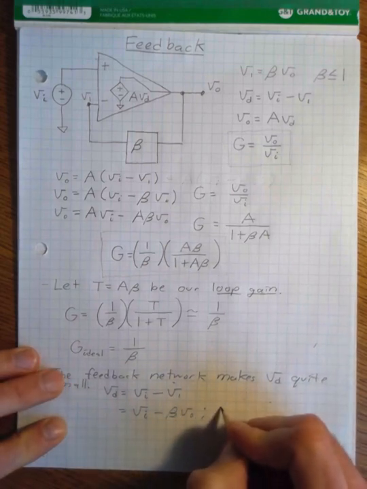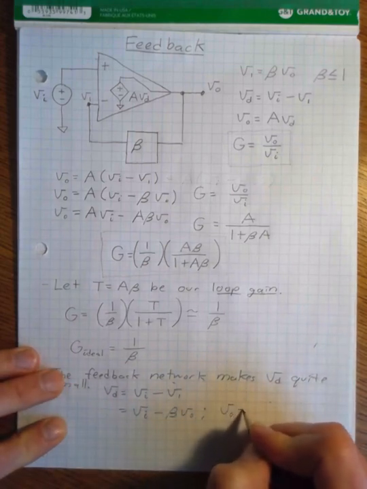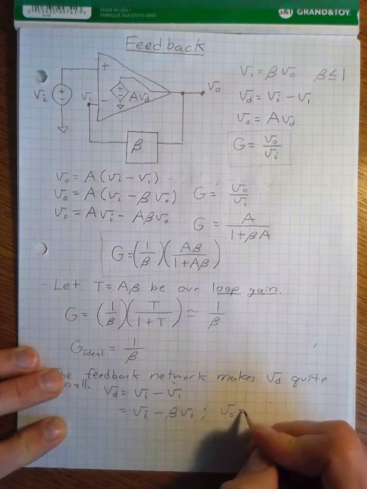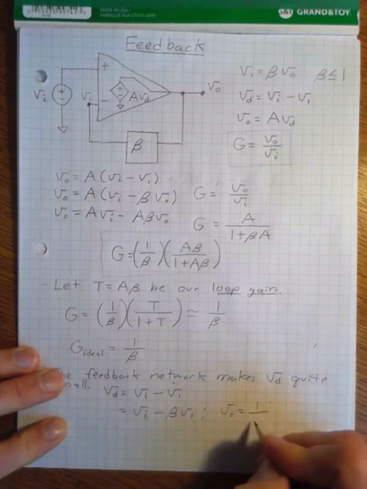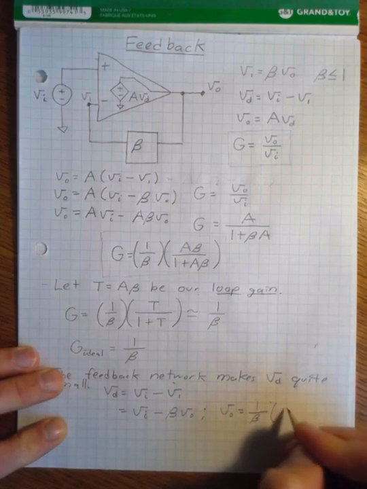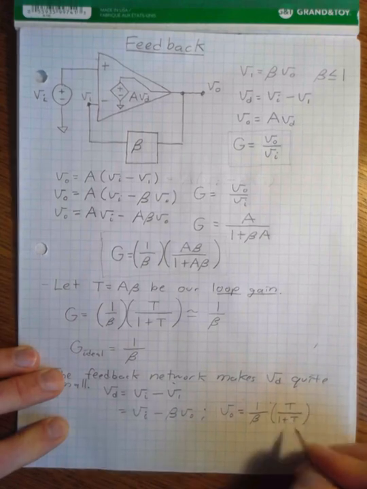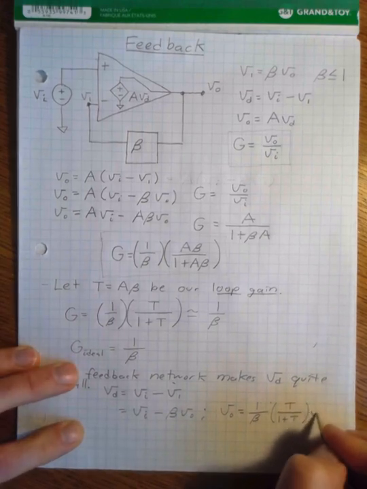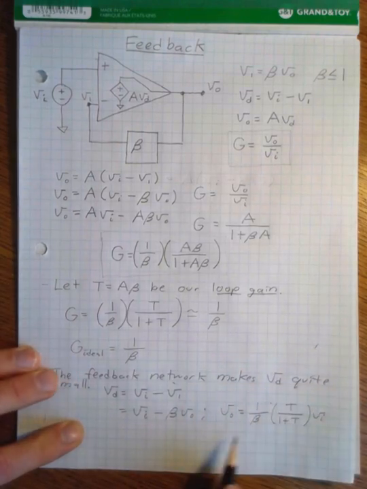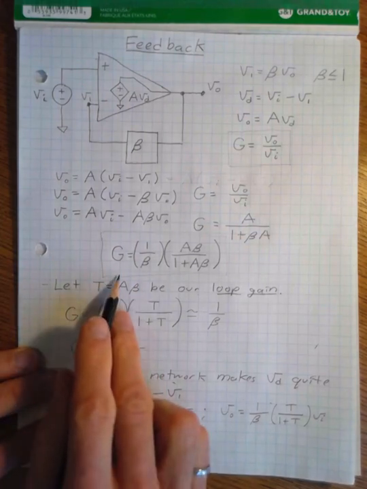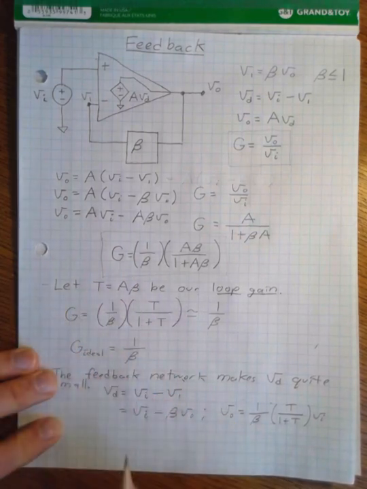And we also know now that our output voltage is equal to 1 over beta times T over 1 plus T times our input voltage, right? Because that's just our expression for gain.